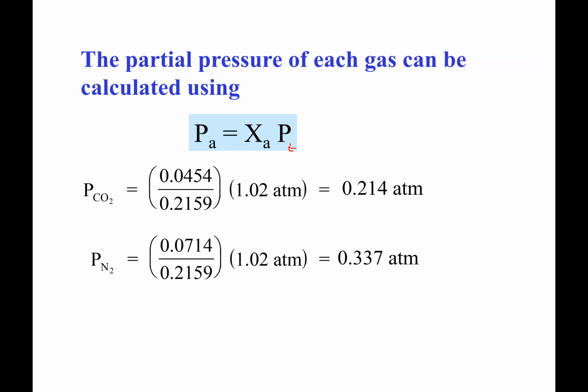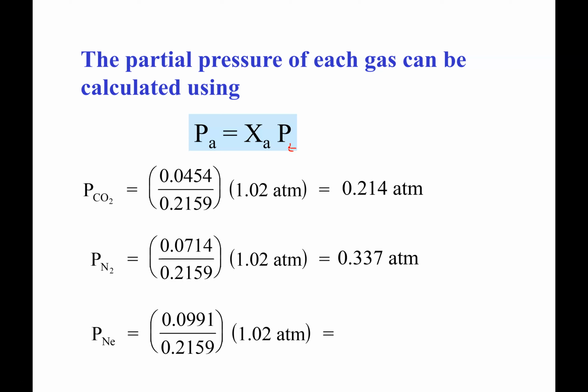Now, sometimes students at this point will say, hey, Mrs. Snipes, I bet I can take the total pressure, which was that 1.02 atmospheres, subtract these 2, and I can get neon. And you would be right. We're not going to do it that way. A few slides ago, we said that the moles of neon was 0.0991. We said the total moles of those 3 gases was 0.2159.